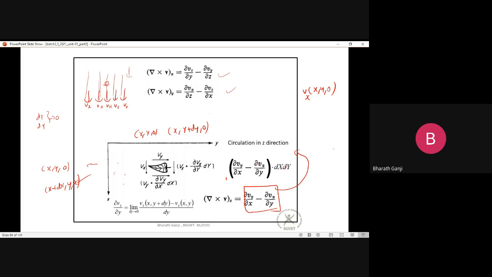Why? Because whatever the velocity vector is here, the same velocity vector is there, so basically dou vy by dou x is going to become 0.